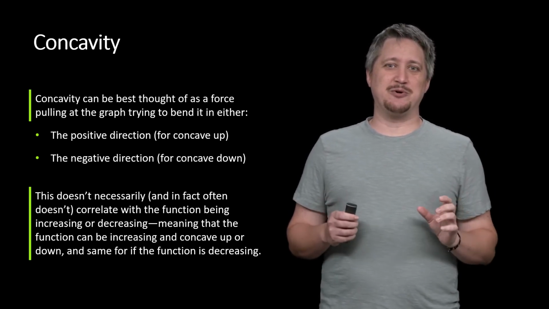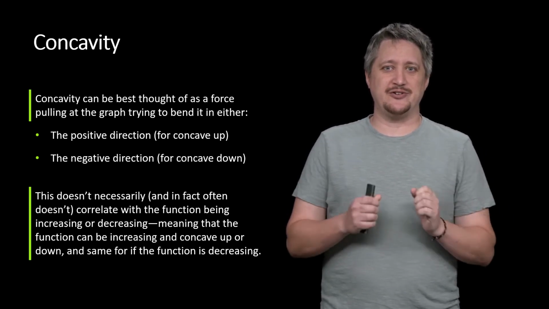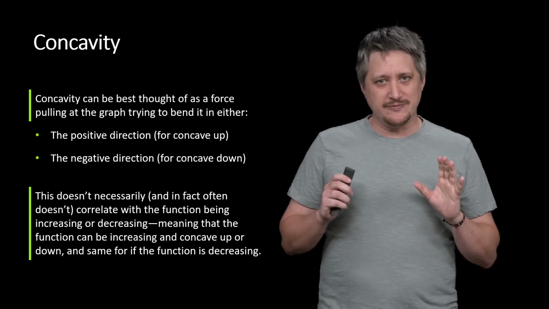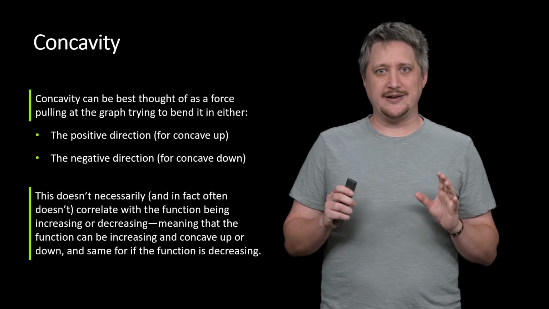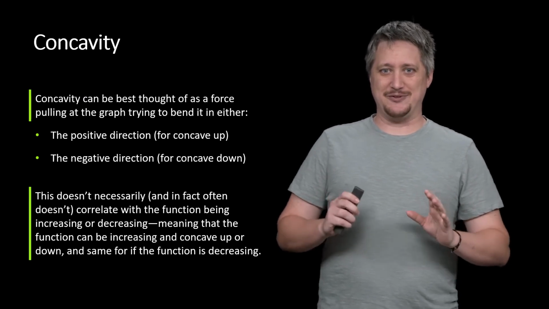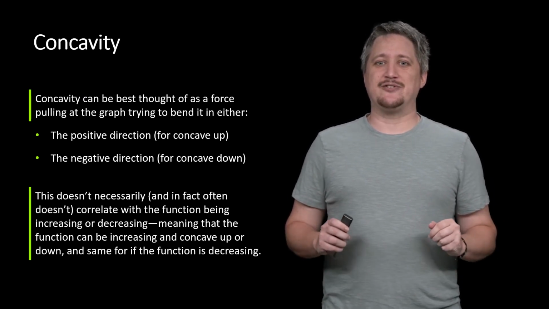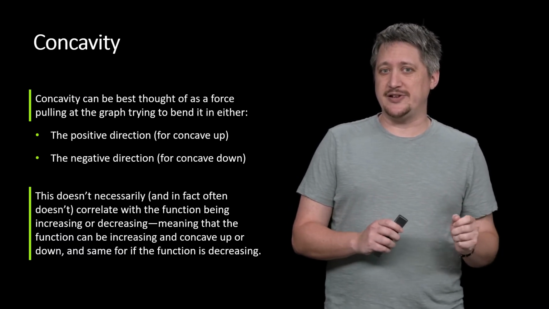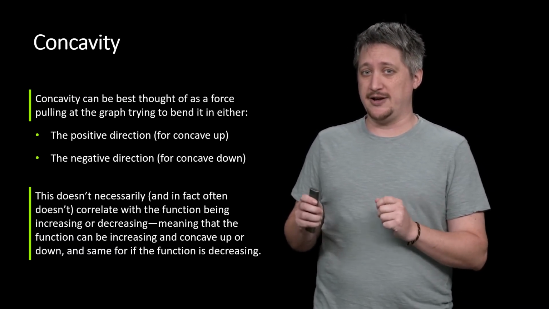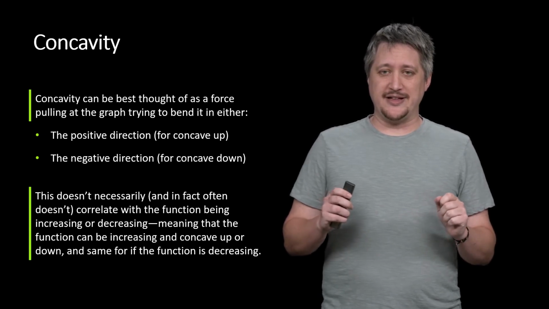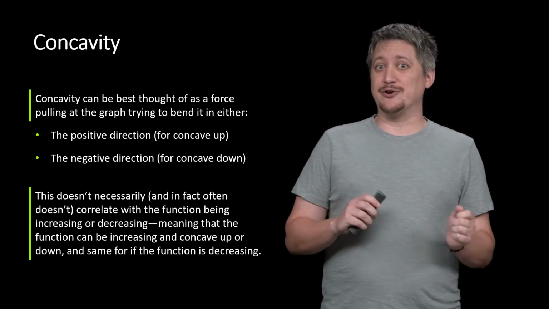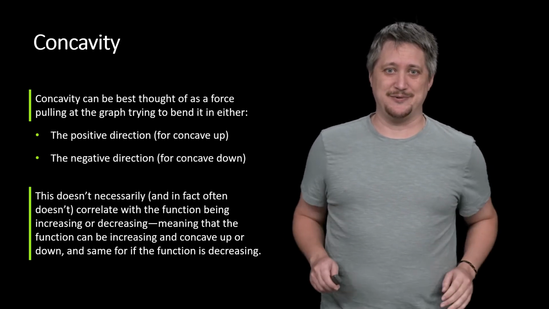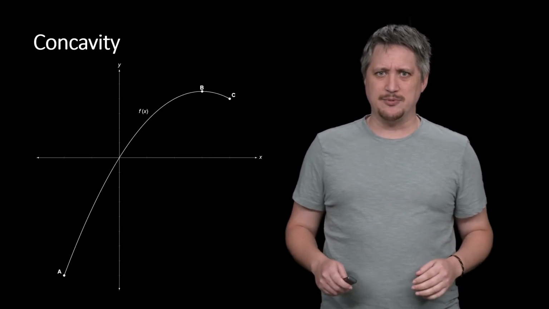It's usually one of the sticking points for a lot of students, so think carefully as we move forward and separate in your head the idea of increasing or decreasing from being concave up or concave down. It's not that these things always go together or never go together, it's that they are in some sense completely separate things, okay? So let's look at an example.